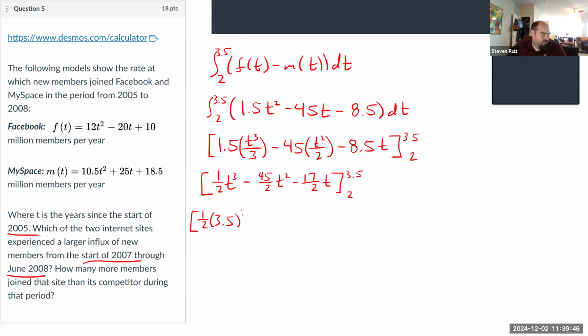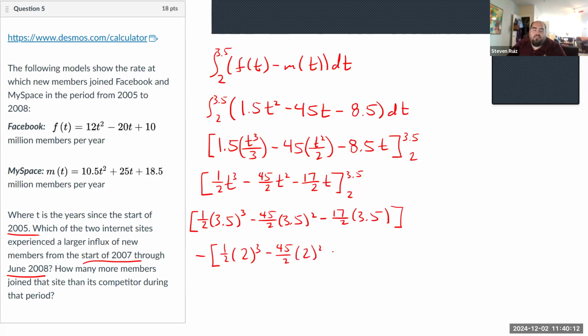1/2 times 3.5 cubed minus 45 over 2 times 3.5 squared minus 17 over 2 times 3.5, minus 1/2 times 2 cubed minus 45 halves times 2 squared minus 17 halves times 2. All right, so let's punch it out.